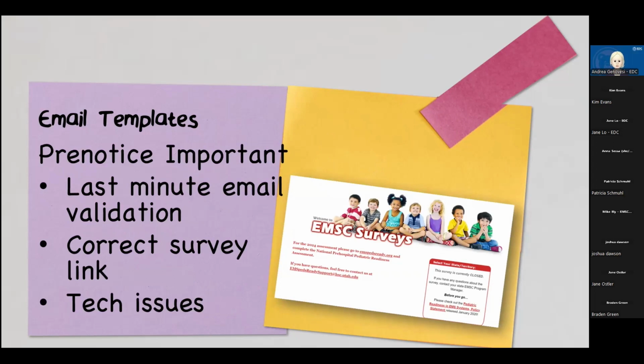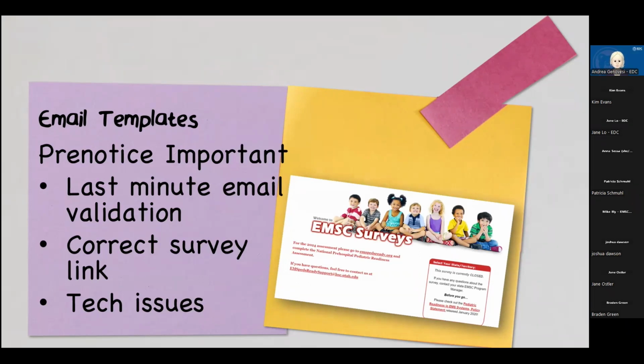We also had some very specific lessons from the field test: the pre-notice was super important, because it gave a last-minute email validation. I've already heard from some people like Anna that it was great, because she found emails that weren't working so she could fix those before the invitation goes out.